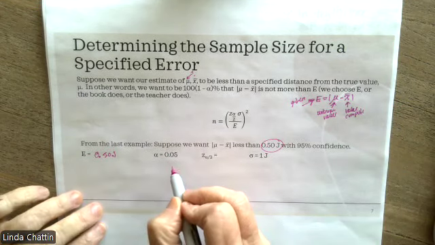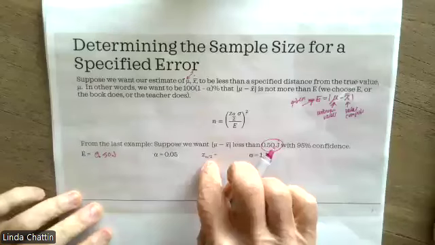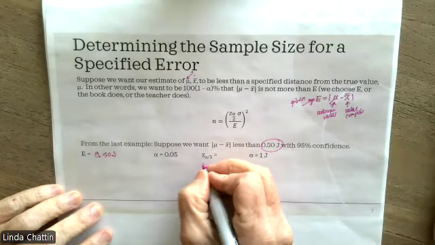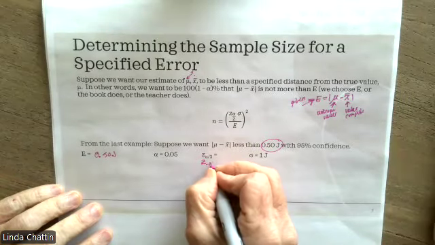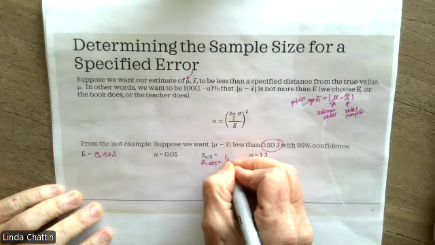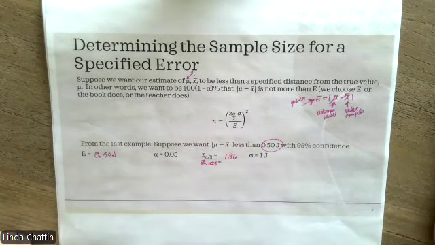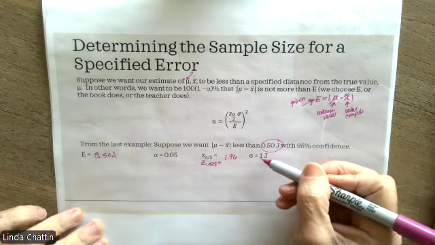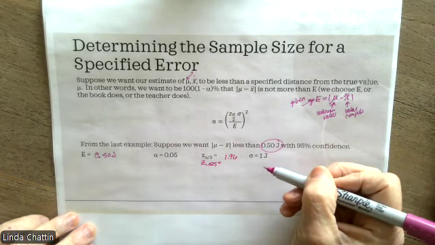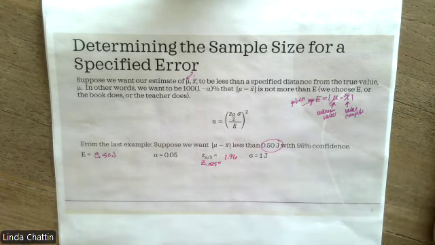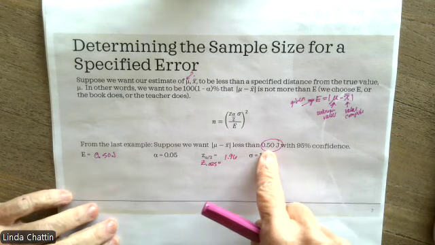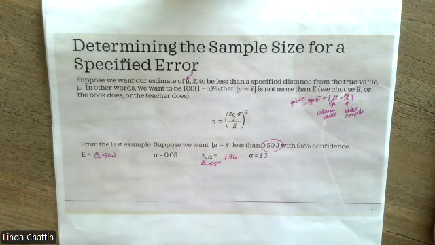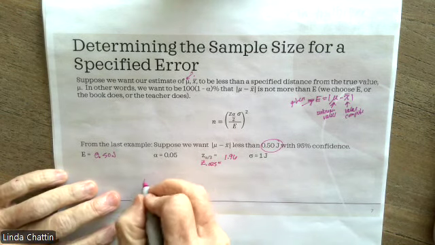We know that alpha is 0.05. We figured out that z of alpha over 2, which again was the z of 0.025, was 1.96 from the previous problem, and they gave us that the population standard deviation was 1 joule. So how many samples would we need to take if we wanted to be within 1/2 a joule of the true population mean? So here's how we would do it.